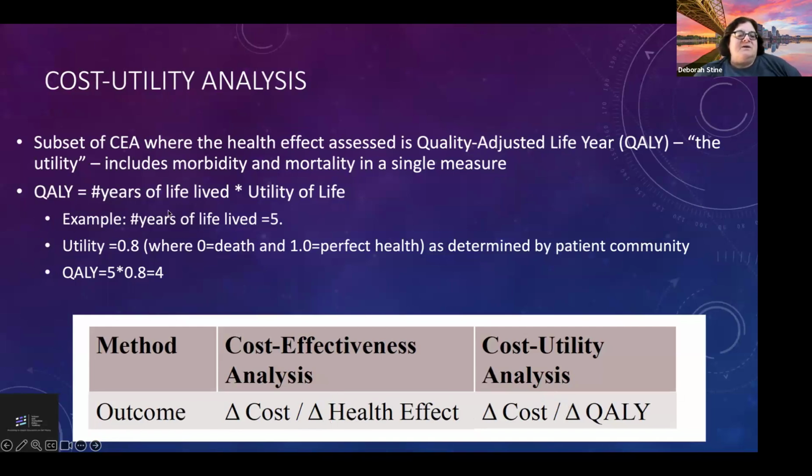So you'll see here that in this example, you're going to live 5 more years. The utility, that is the quality of life, is say 0.8, where 0 is death and 1 is perfect health. That's determined by the patient community. You multiply those two things together, and that gives you your quality adjusted life years.